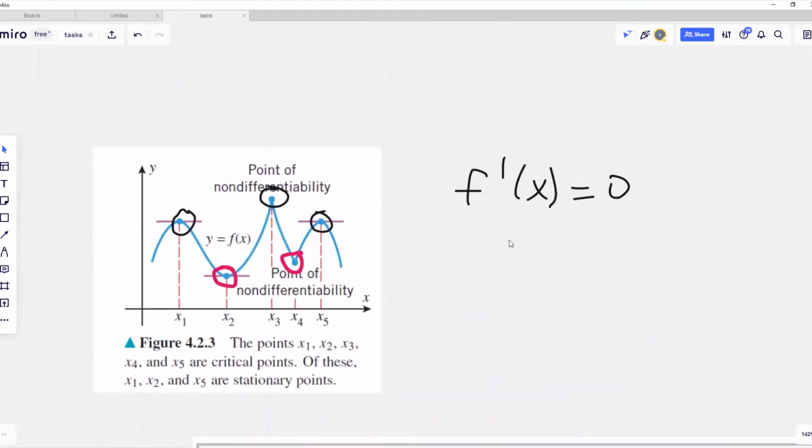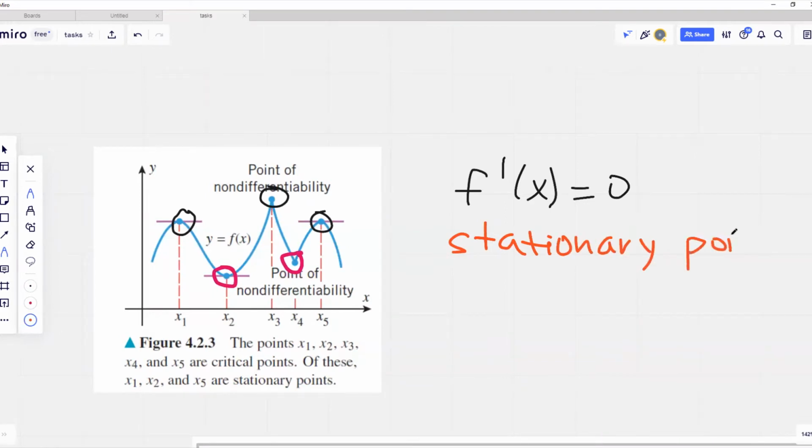First, to distinguish between these two types of points, let's introduce the following definition. We call points where the first derivative of the function is equal to 0 stationary points. So such points x, such that f prime at x is equal to 0, are called stationary points.